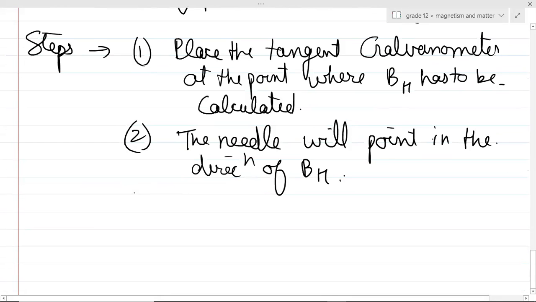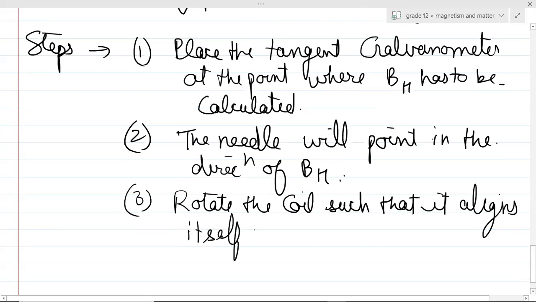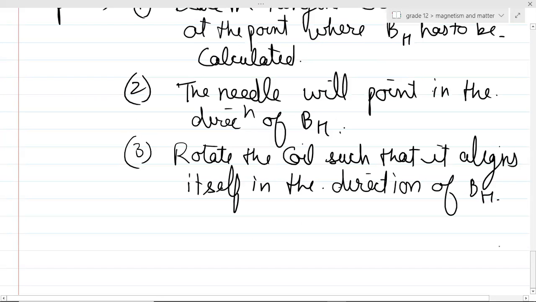If it starts pointing in the direction, then rotate the coil such that it aligns itself in the direction of BH. I told you, you can align this coil.